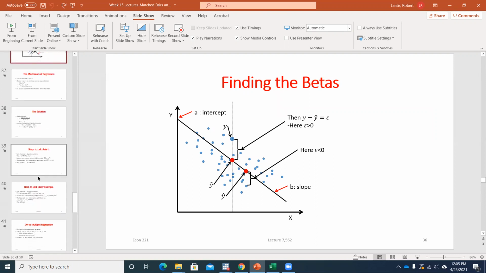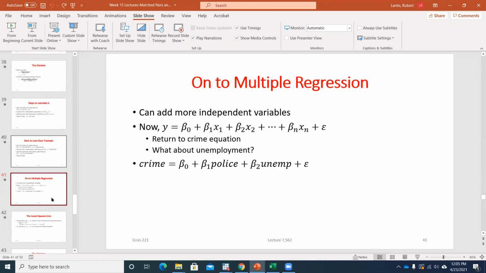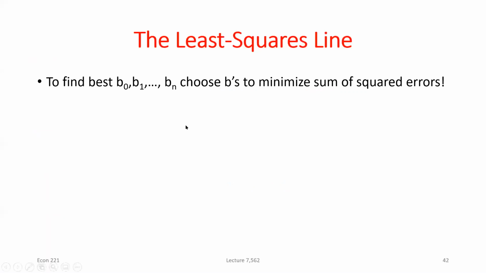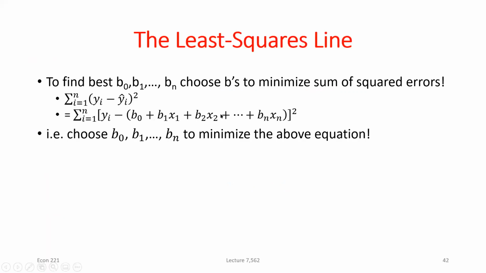Well, now when we include additional control variables, or additional right-hand side or X variables, I've got this equation I'm trying to minimize, so I take a derivative with respect to not just the intercept and the slope coefficient, but the intercept, the first slope coefficient, the second slope coefficient.